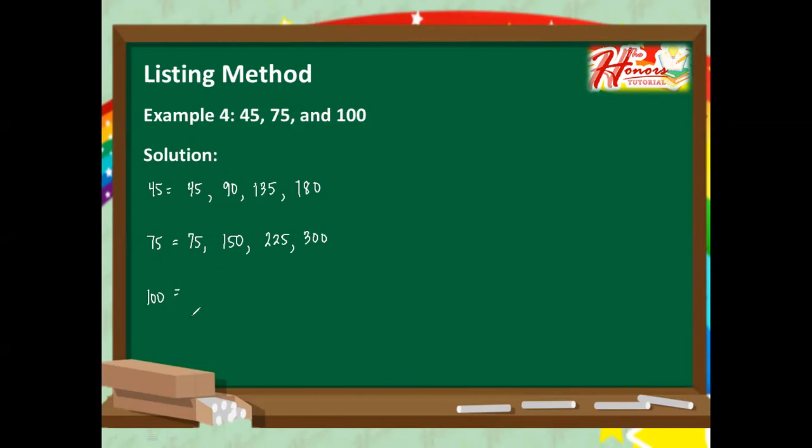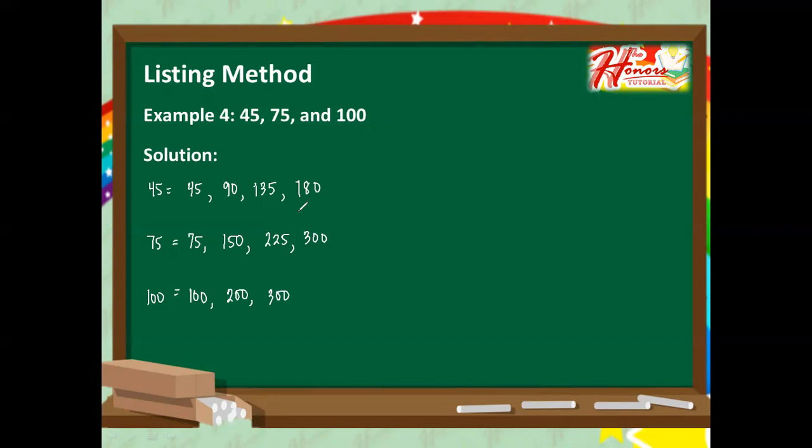How about 100? So we have here 100. 100 times 2, 200. 100 times 3, 300. I know that you noticed that 75 and 100 match in 300, but 45 doesn't contain 300 yet.